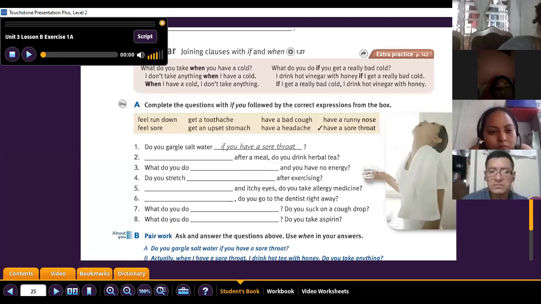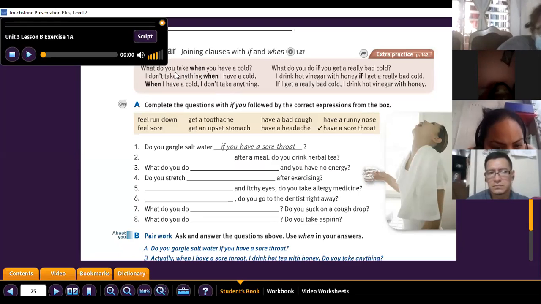So that is the reaction. And here we have something called zero conditional. Zero conditional is action and reaction in the present. Always, when something happens to you, there is a reaction, and you know that is your reaction all the time.